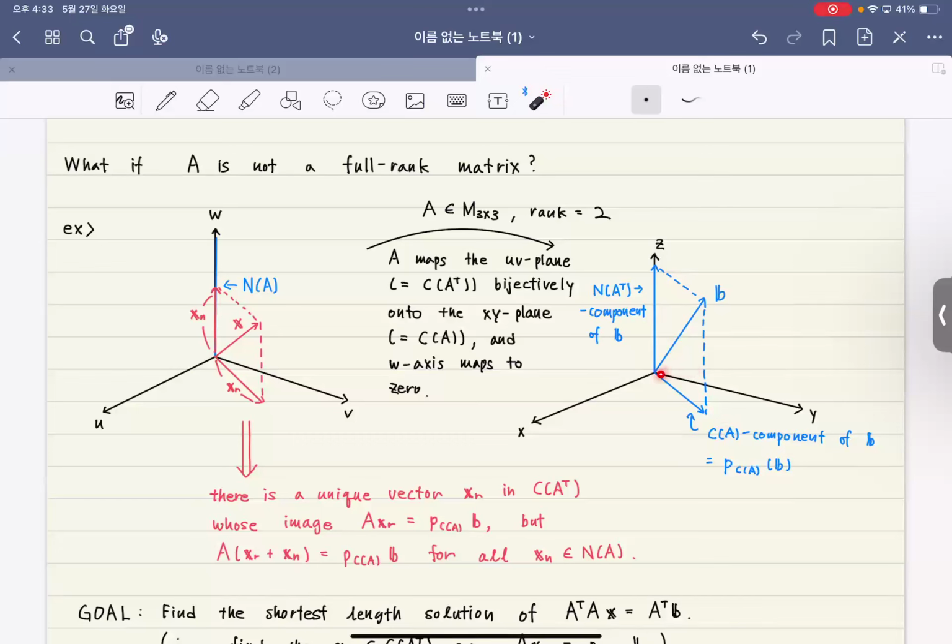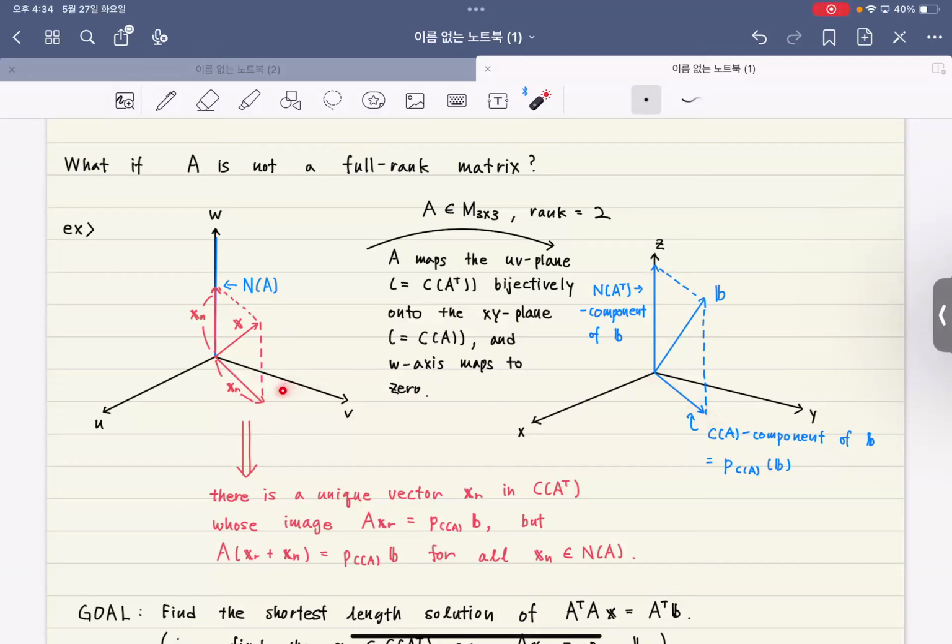And even though you project your vector B onto the column space of A, in this case there is an isomorphism between the UV plane and the XY plane. So that means there is a unique vector in this row space whose image is precisely the column space component of B, right?